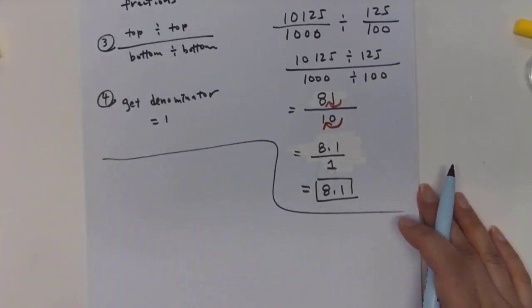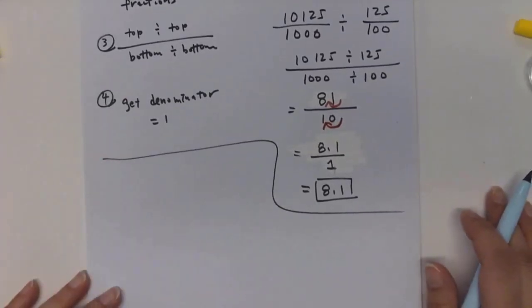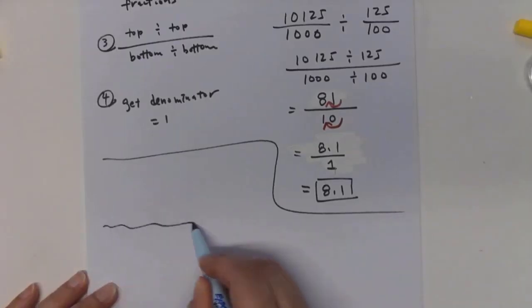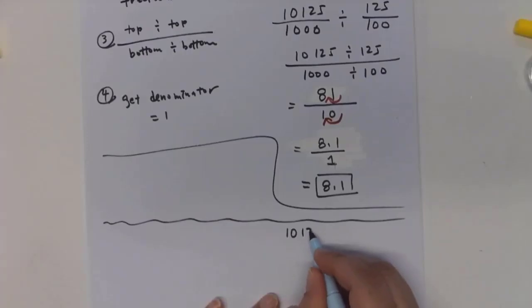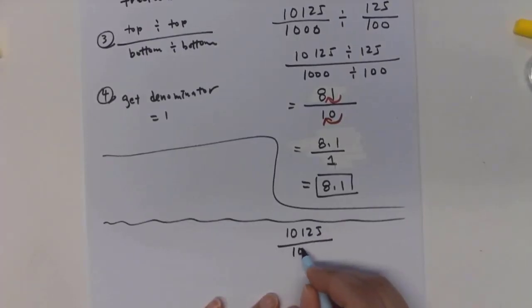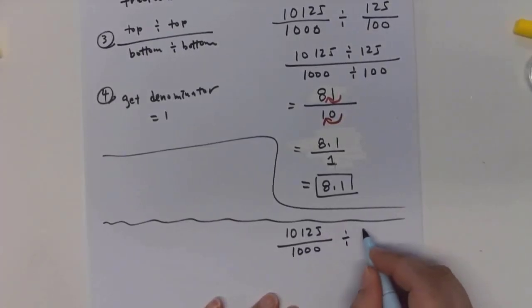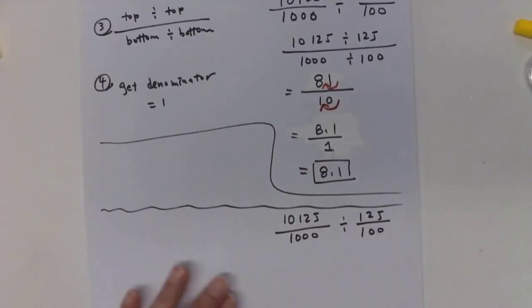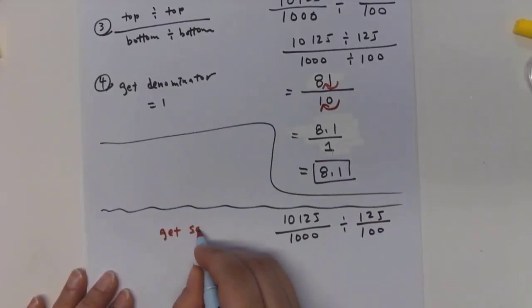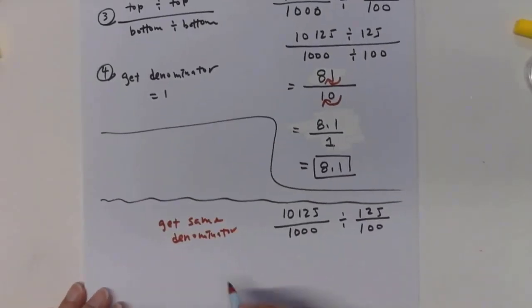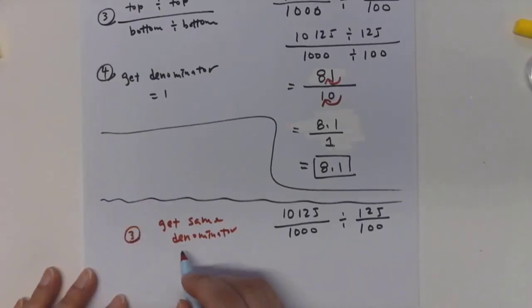I think last semester we tried to get them to have the same denominator. So if you get them to the same denominator, it would be 125 over 1000 divided by 125 over 100. We try to get them to have the same denominator. Then what is the lowest common denominator? 1000.